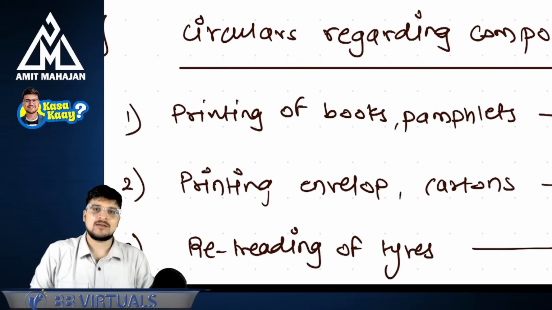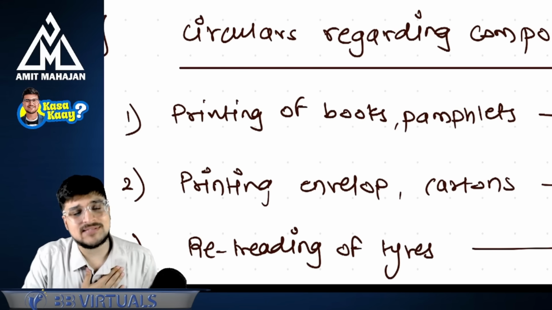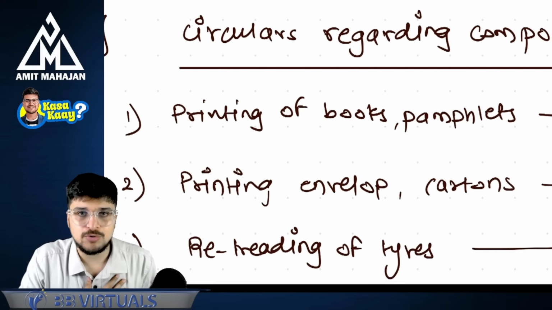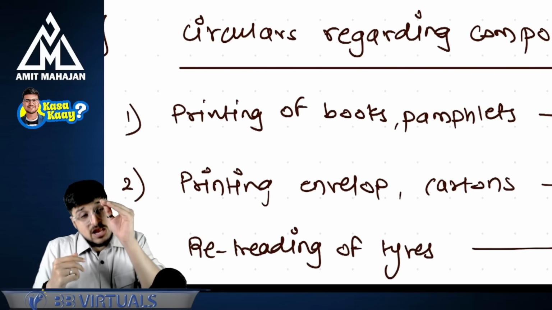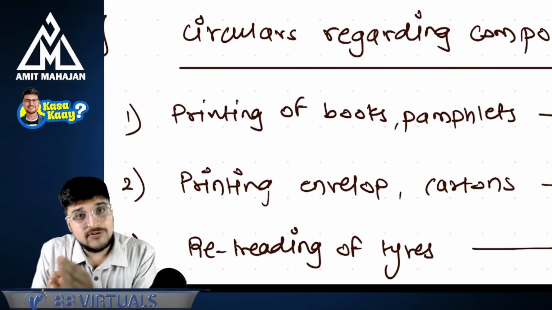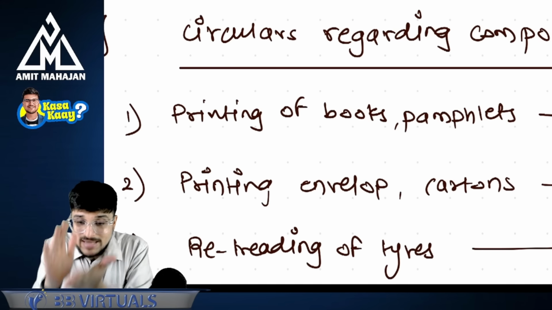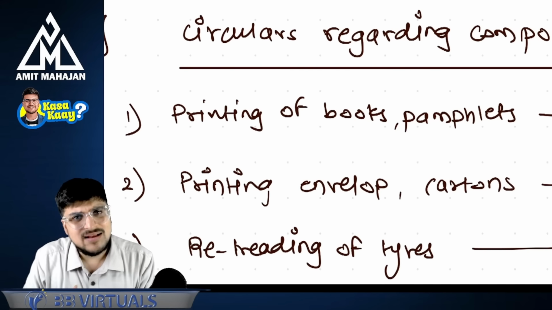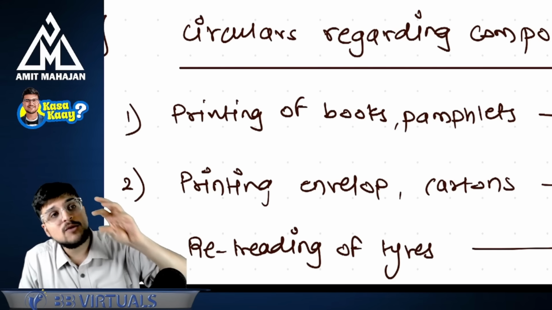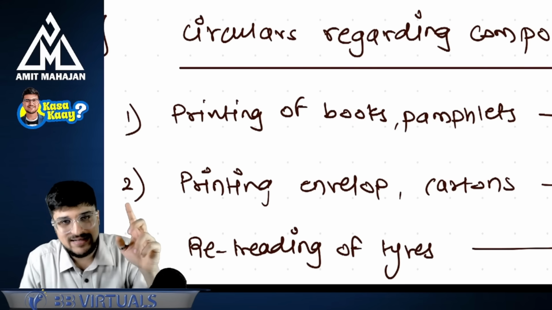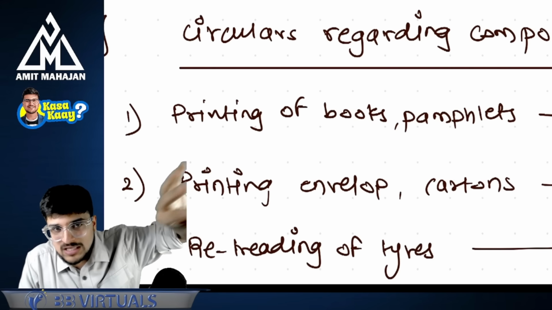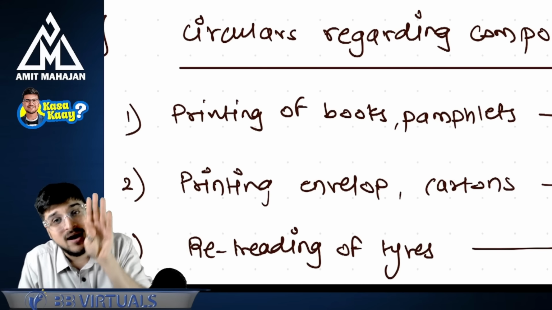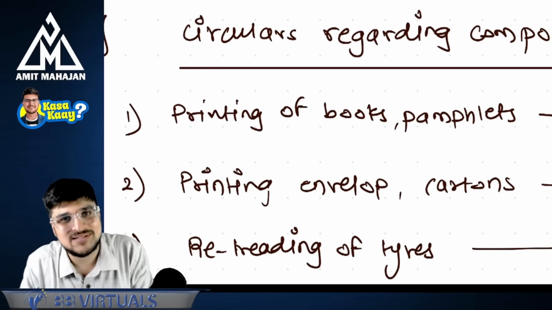Please try to understand. If I'm selling goods to you, if I say that it is sale of goods, which means the main worth of that book is pages. Is it like that? No. The main worth of those books is content. If you're not giving that content, those 100 pages are worth 100 rupees.